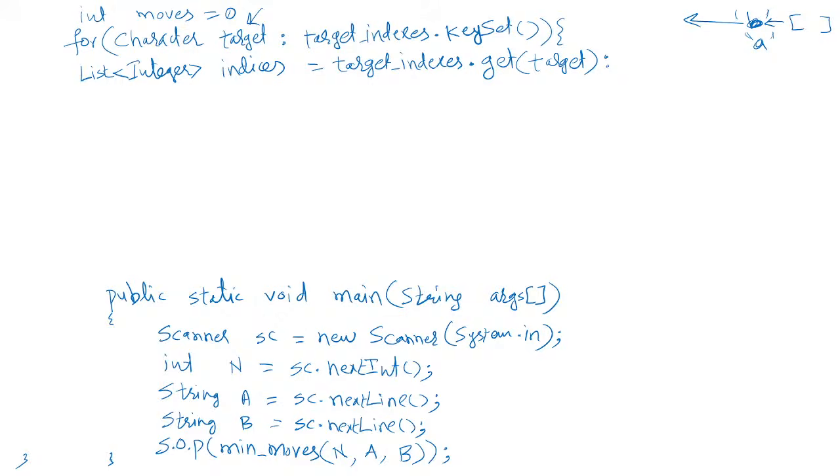It returns the associated value, that means it returns this array list here. You are storing it in the variable called indices. Indices is now the array list containing all the indices.